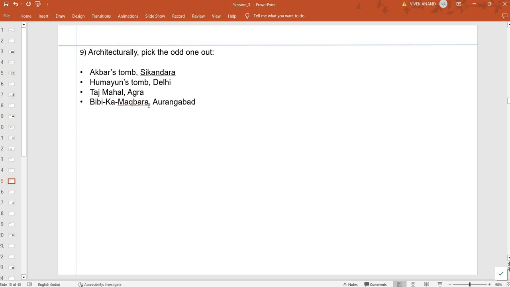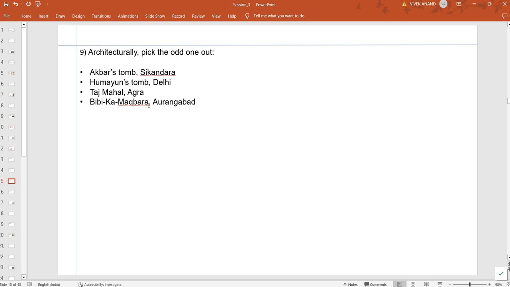If you remember how Akbar's tomb looks, the top floor is marble cladded. Am I right? I don't have the pictures. And on the top there is a Bangla roof also.